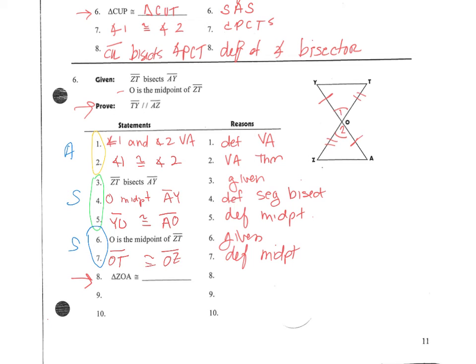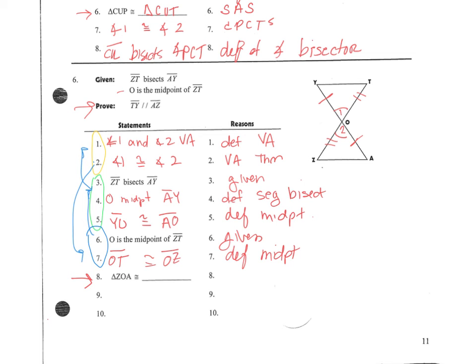And so the order in which we did these things can be done interchangeably. If you started with the given information, your steps 3, 4, and 5 might be up here, followed by 6 and 7, and maybe you didn't do the vertical angles until after. As long as you have these groups together, that's fine.